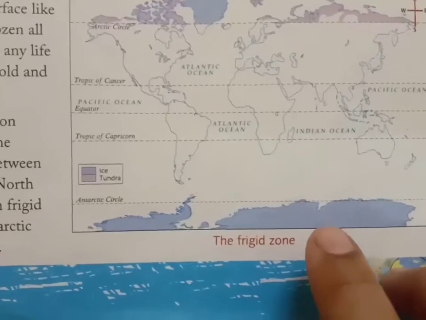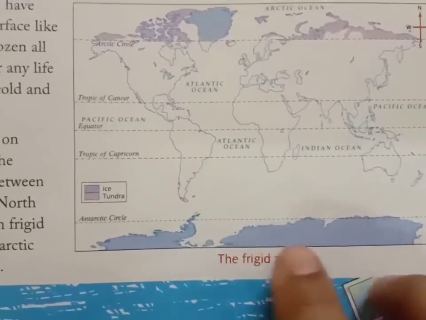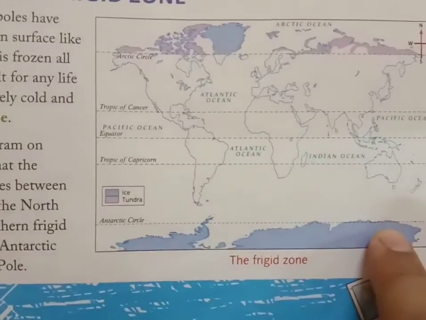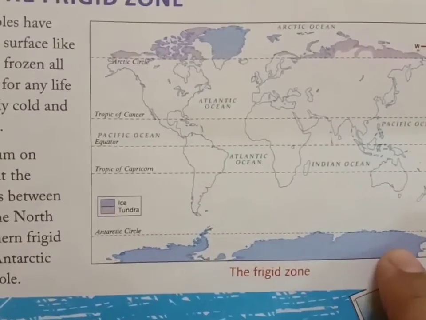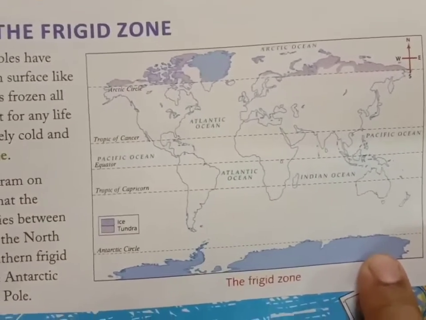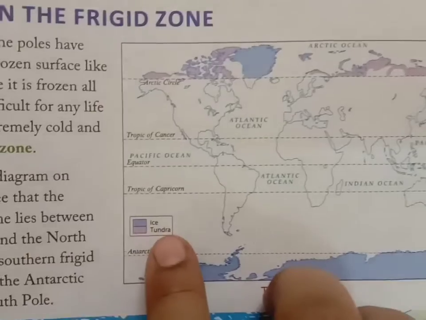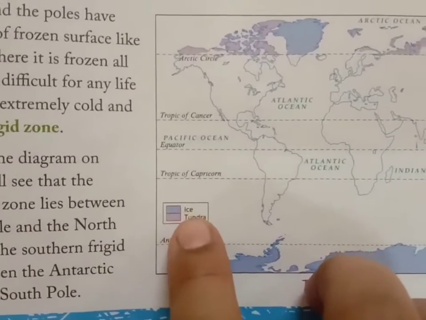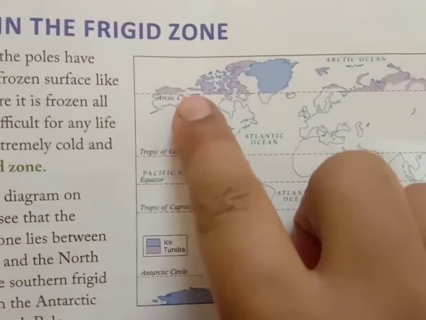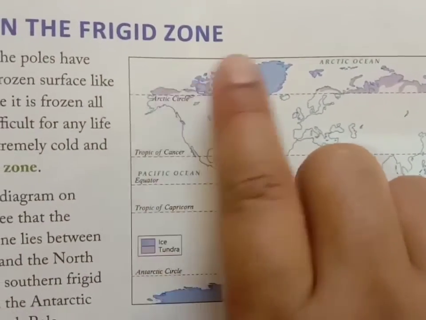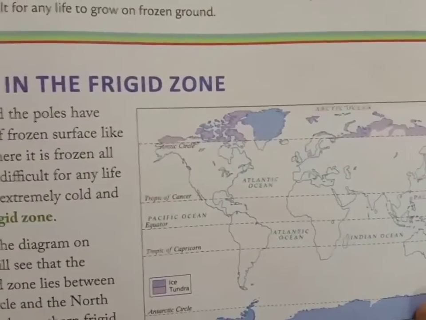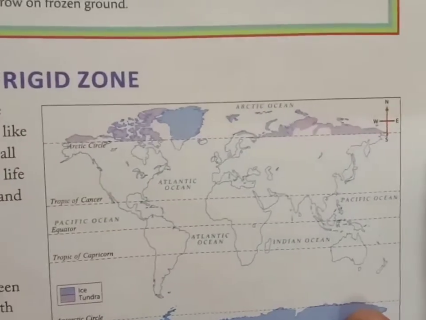Now here you can see this is Antarctica. The whole place is actually in the ice, and this place is called the frigid zone of the southern hemisphere, or you can say it is Antarctica. And you can see here two types of color which show the ice and tundra. The light peach color is called tundra. Here the ice is melting, and people can also stay.